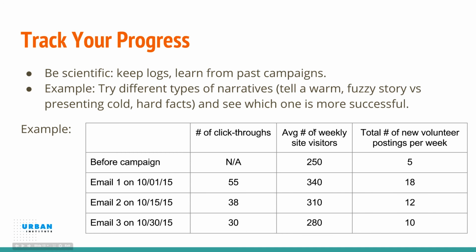We sent out 3 emails on 3 different dates, and we tracked the number of click-throughs, which is the number of people that clicked on the email campaign to go to the site, the number of weekly visitors, and the total number of postings per site, per week. And so you can see whether you're being successful or not successful in your campaign, and hopefully, tweak and change your marketing strategy going forward according to what's working.